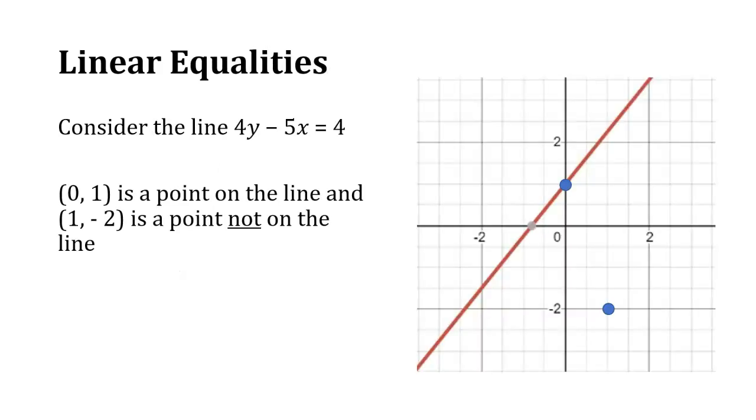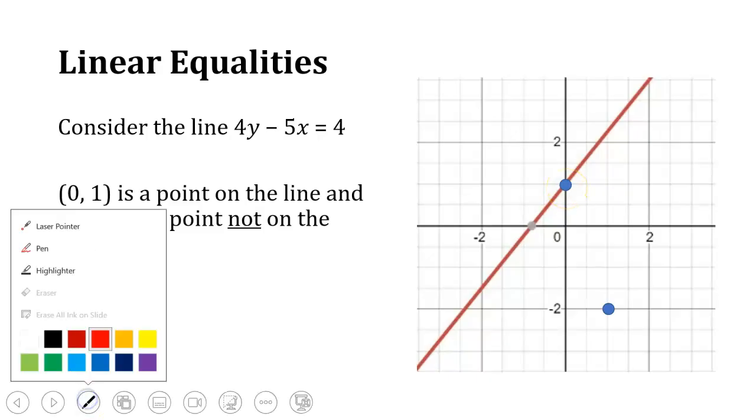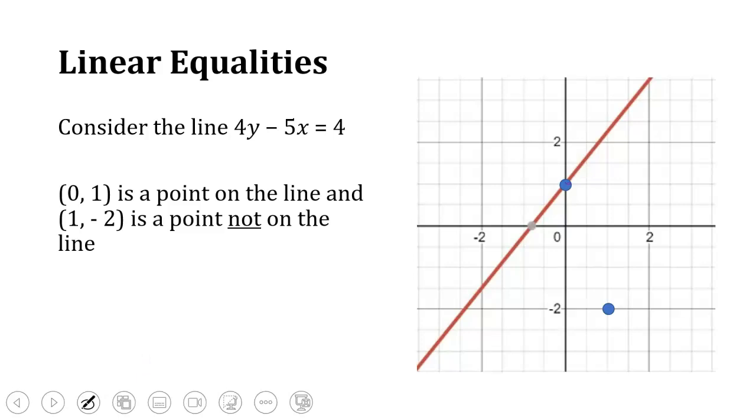So when we're graphing, before we jump into linear inequalities, let's just consider this line, 4y minus 5x equals 4. If they gave us 0, 1, and we look at the graph, this is the blue dot right here, that is on the line.